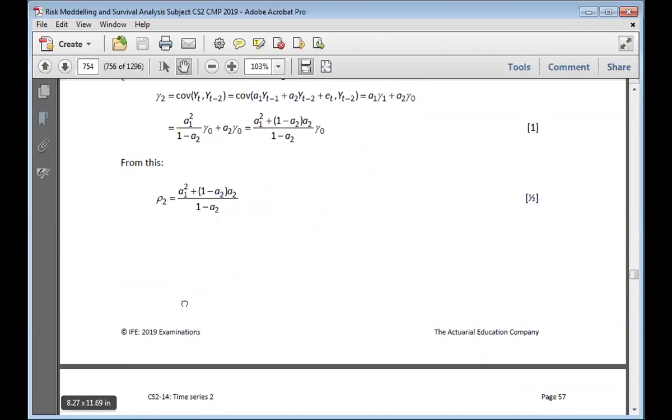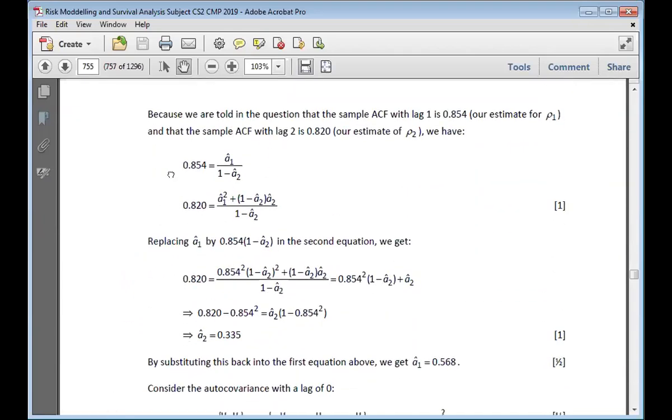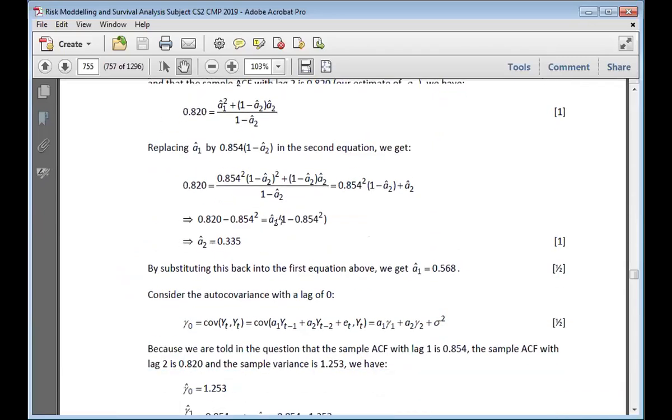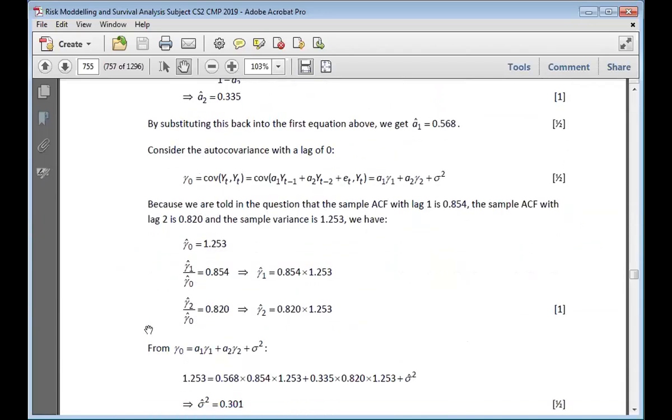And now you can substitute the values for rho 1 and rho 2 from the observed values which were given in the question and solve for A1 and A2, because this is like two simultaneous equations with two unknowns. So you can easily derive the value of A2 here, and then you get the value for A1 as well. Now what remains is the value for sigma square.